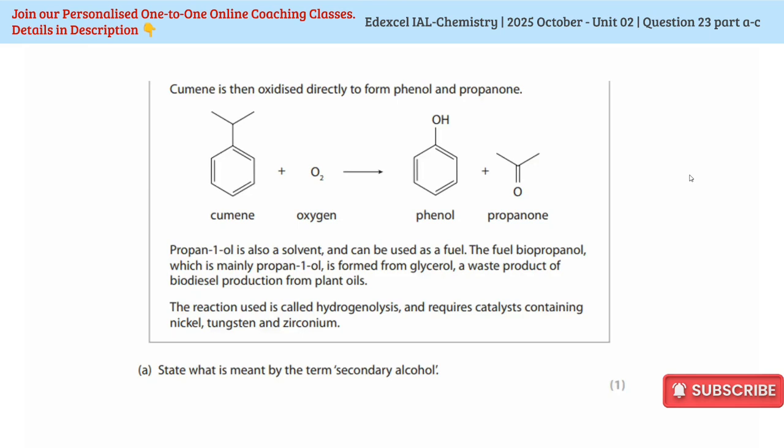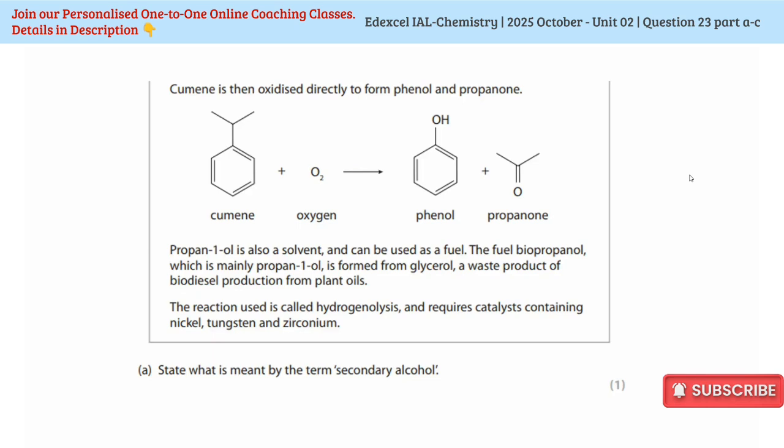The fuel biopropanol, which is mainly propan-1-ol, is formed from glycerol, a waste product of biodiesel production from plant oils. The reaction is called hydrogenolysis and requires a catalyst containing nickel, tungsten, and zirconium.